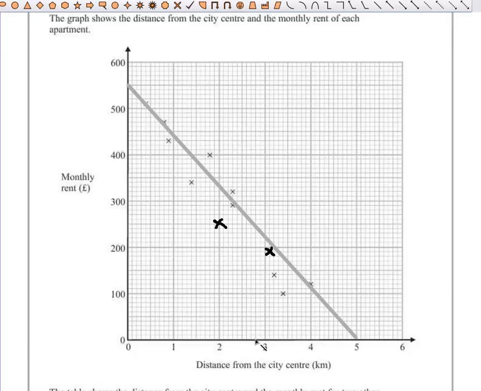So if we draw a line up from 2.8 kilometres to our line of best fit, we can now use our line of best fit to make a guess. Now this would be our calculation marks, showing the line of best fit and how we've used it. Now roughly this line lands here, which would be about £240.